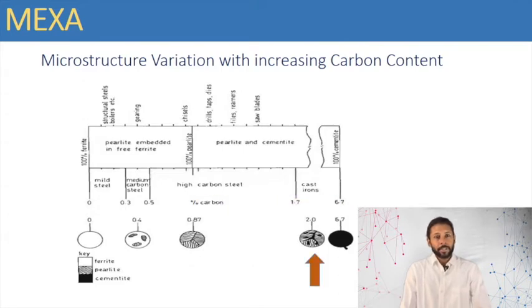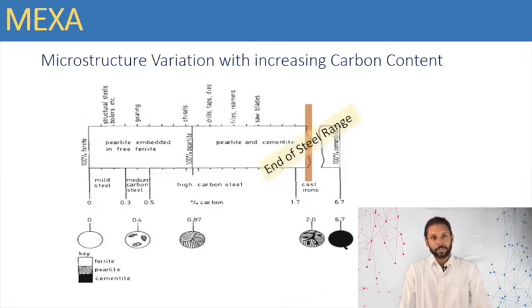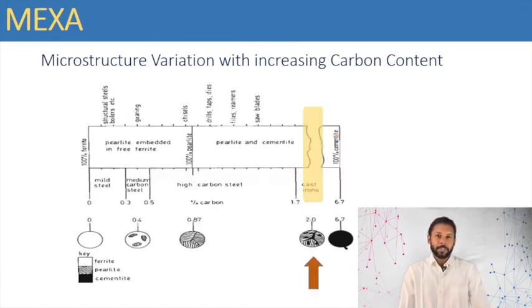Further increases in carbon to the iron produces free iron carbide with pearlite reduction. The steel range terminates at approximately 2% carbon content and the cast iron range commences.